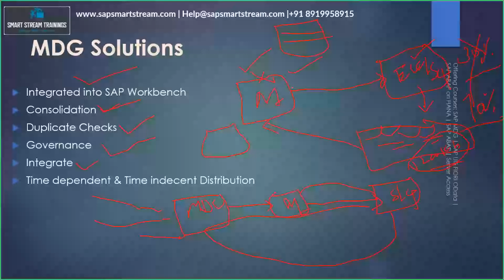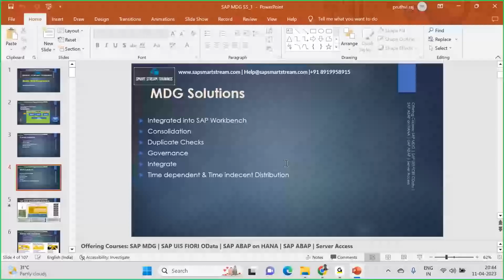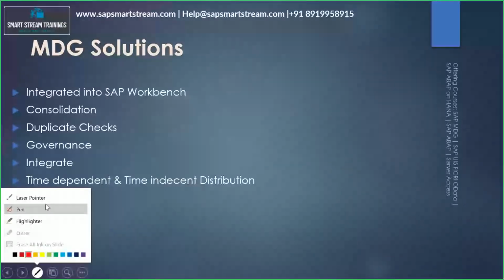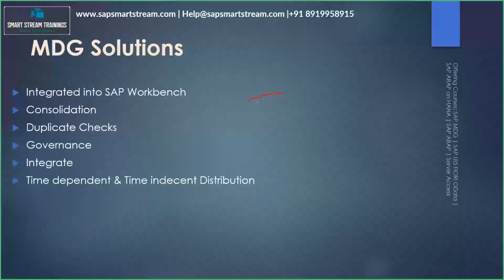So this is the MDG system. If a CR is finalized, final check approved, then I need to replicate this data to the target SAP system, or non-SAP system, or cloud system, any kind of system.